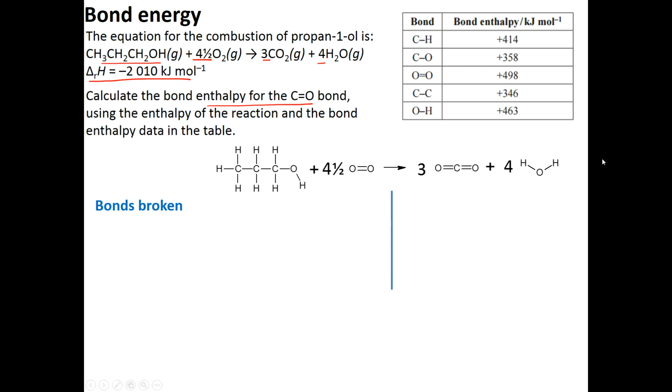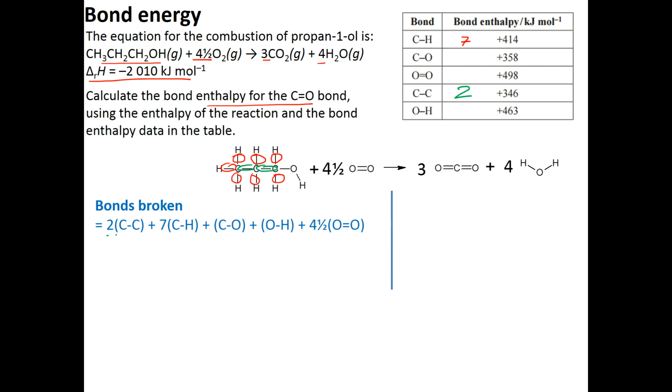So if you count your bonds broken, that looks quite complicated, but what you could just do is highlight. I've got 1, 2, 3, 4, 5, 6, 7 of those bonds, right? If I change the color of my pen to a different color, I have got 2 C-C single bonds broken.